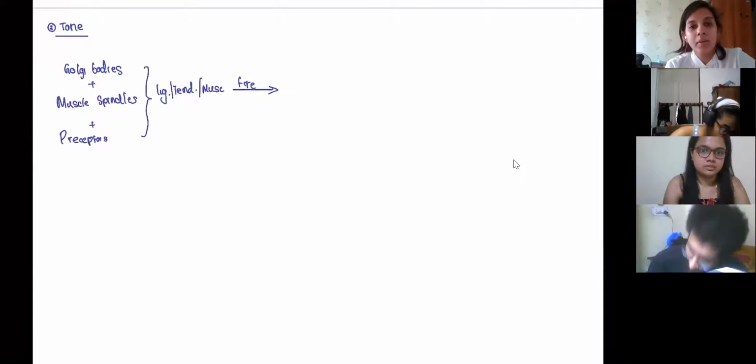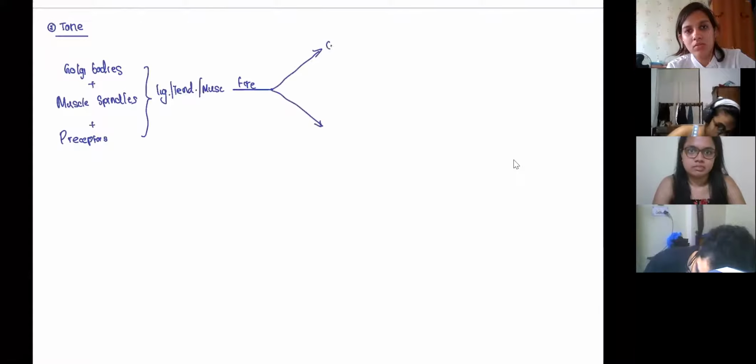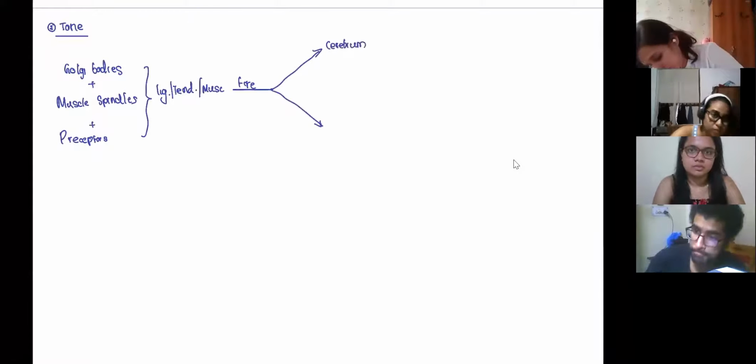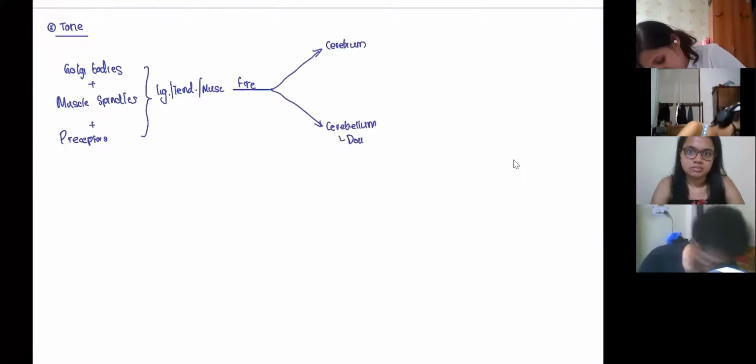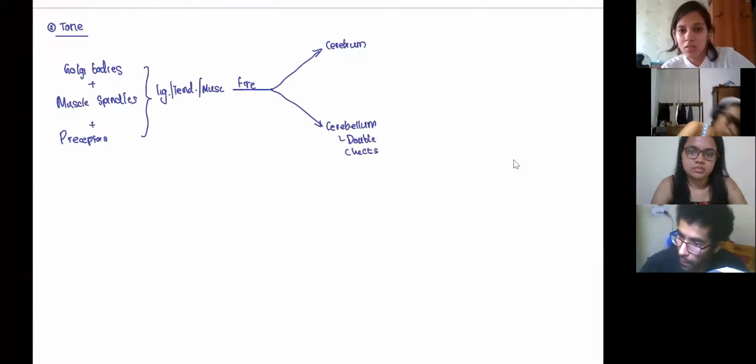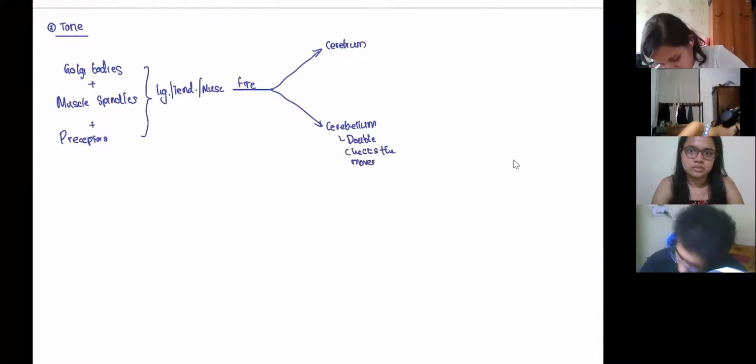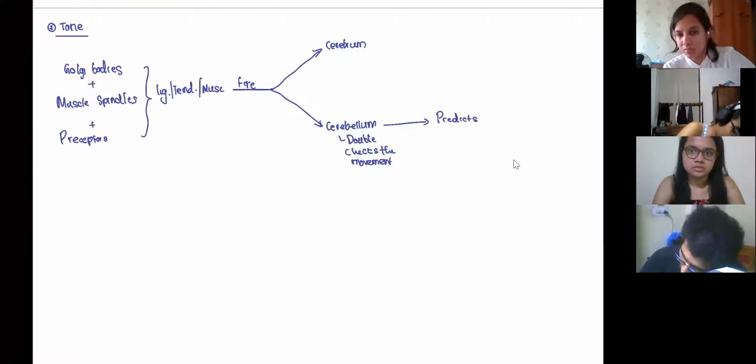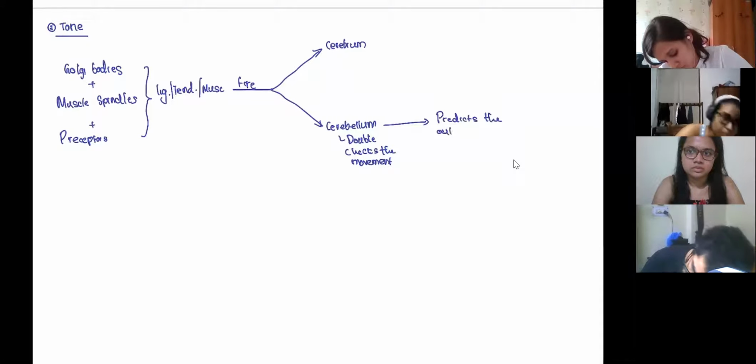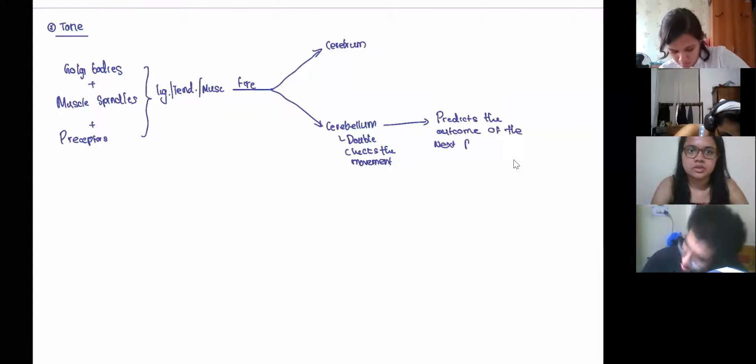It fires and it travels to two locations. Okay, it goes to the cerebrum and another one to the cerebellum, where it double checks the movement. Cerebellum double checks the movement, and predicts the outcome of the next part of the movement.